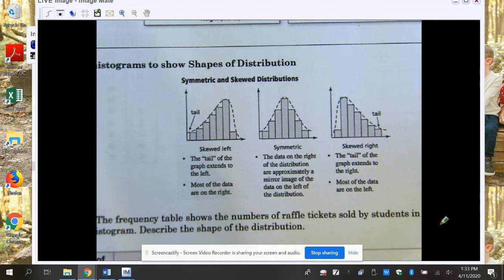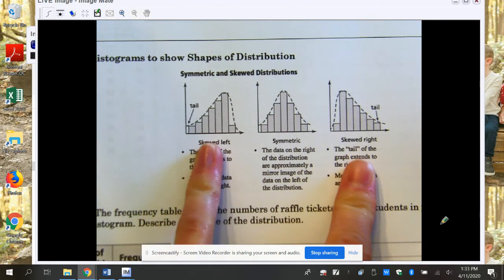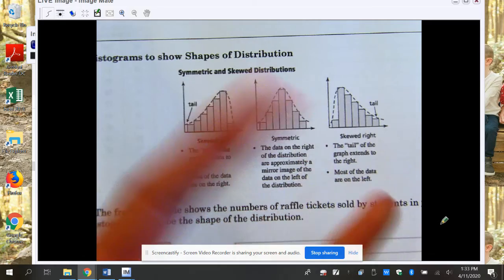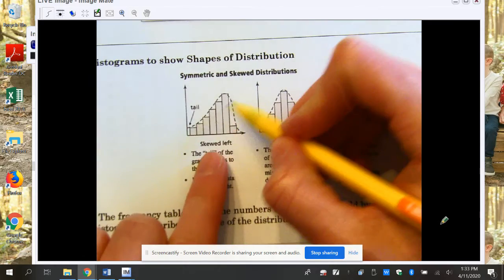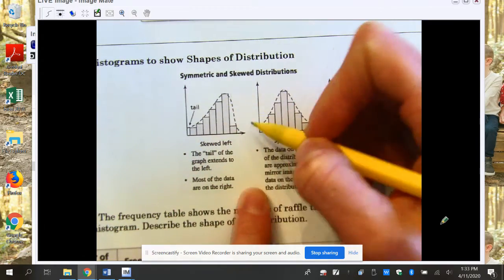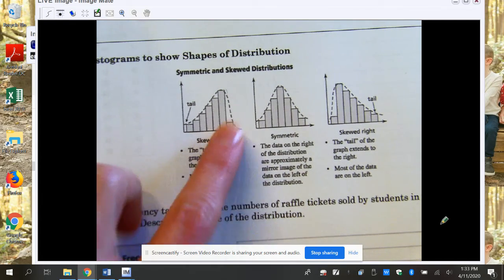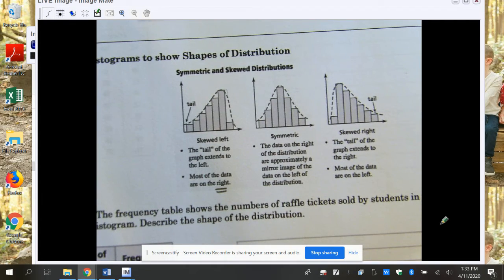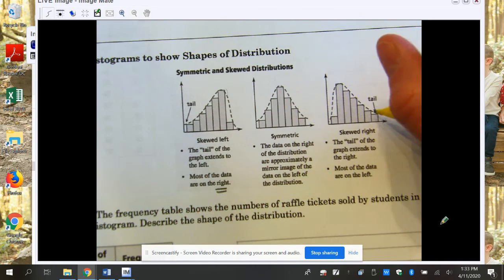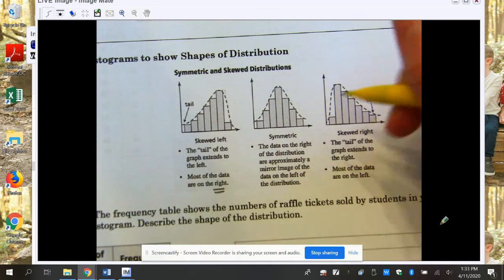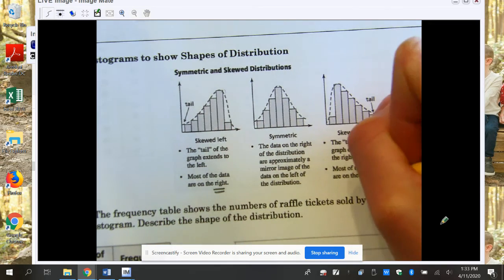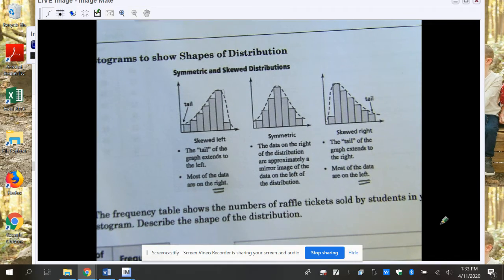What you have to make sure you understand about histograms is that a lot of people will say these are backwards, because they'll see here that the majority of the data is on the right side. So they think it must be skewed right because that's where most of the data is. And the opposite here, we've got most of the data on the left. So a lot of people would want to say that is skewed left, but it's skewed right.